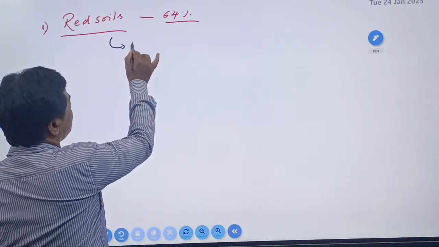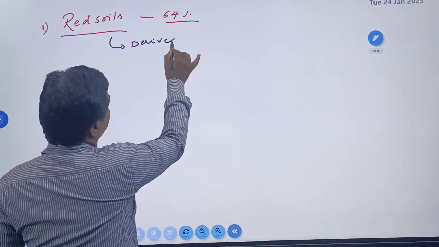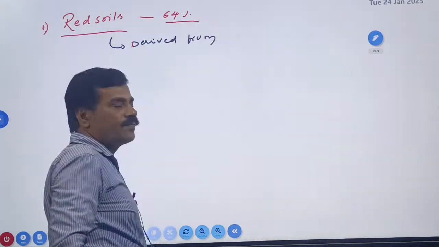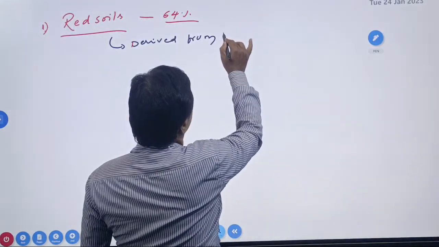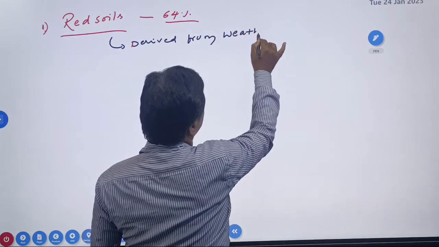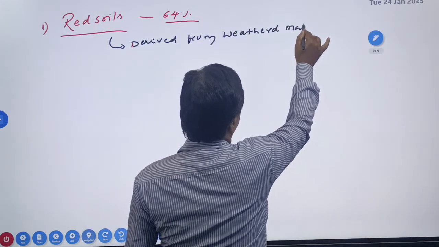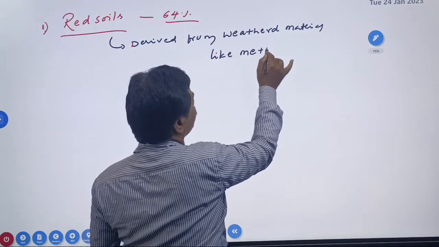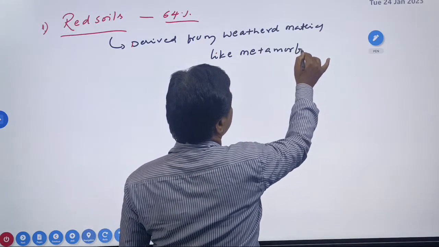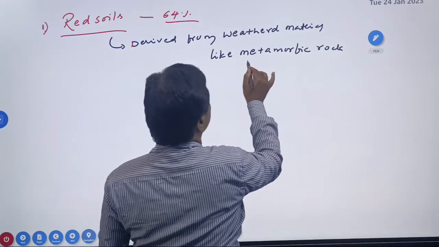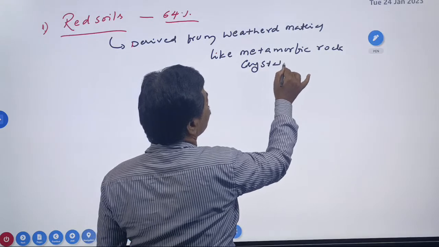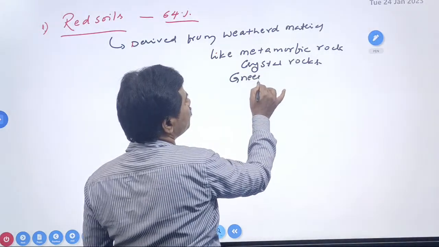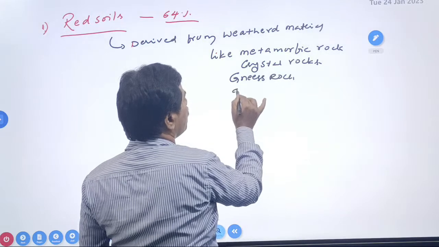These soils are derived from weathered material like metamorphic rocks, crystalline rock, gneiss rocks, and granite rock.